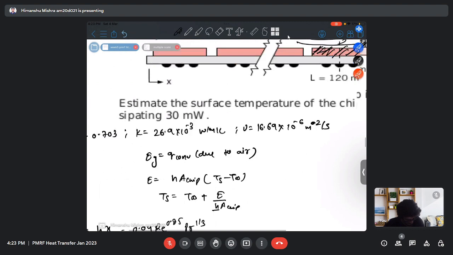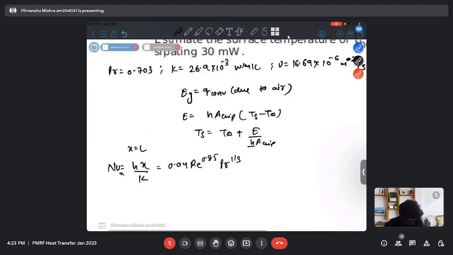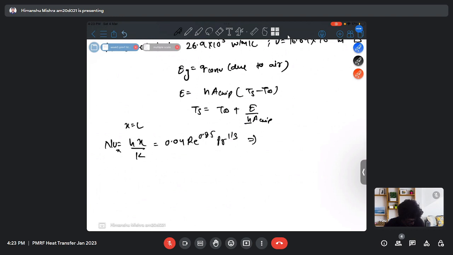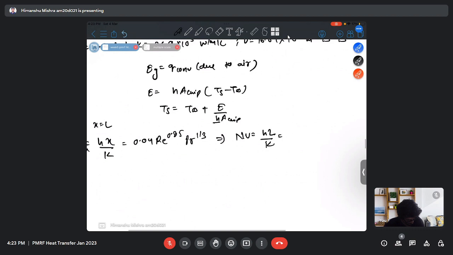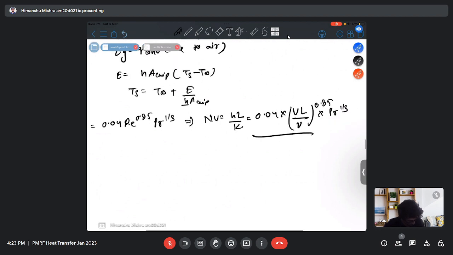So x is given as 120 mm, that is the total length. And my Reynolds number will be written as VL by mu. So I just need to plug in the values to find the heat transfer coefficient.